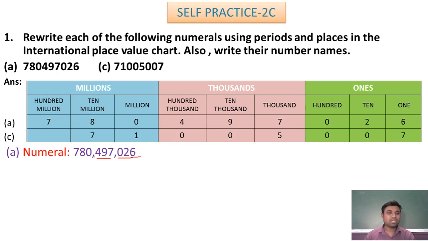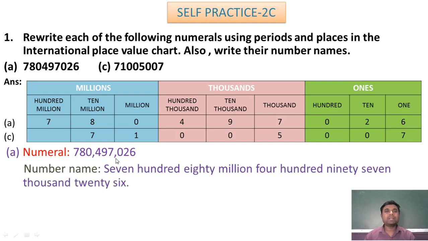That's why here you have to give a comma. Is it clear? Now the number name. So just see, in millions, what is here? 780. In thousands, 497. And in ones, only 26.